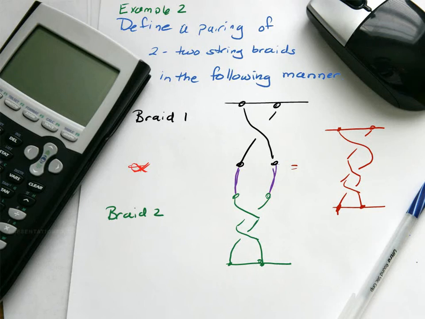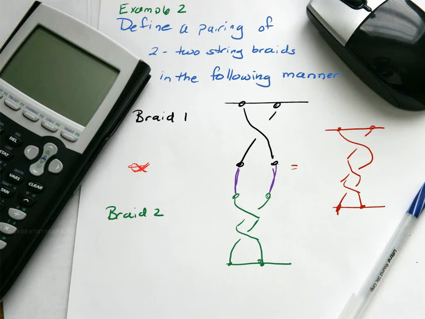Does a two-string braid have a defined left or right? No, there's no left or right. The two-string braid is exactly the object I showed you: pinned on top, strings down, pinned on the bottom. Is it ordered? What do you mean by ordered? Like when you combine them, there are two different ways to combine them, right?